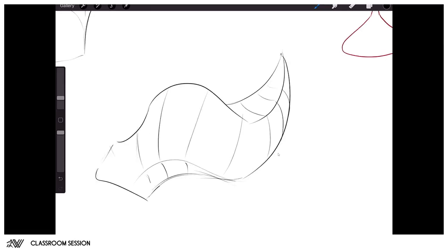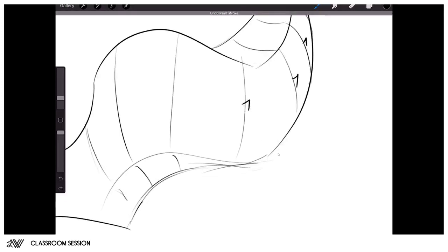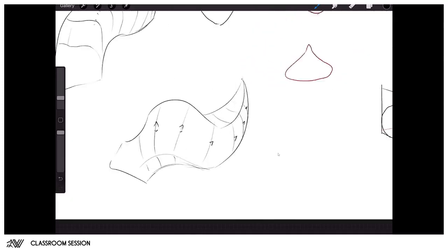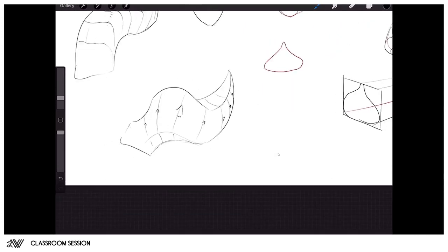Because if you say, for instance, I'm going to add little horns to this, you can do it on each half of those contours and it will look better because you're following that contour, right? And then you can still apply the big, medium, small rule. That's up to you.